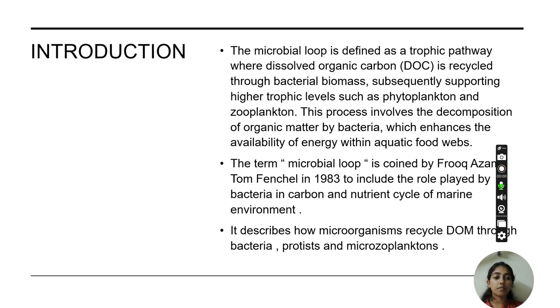This process involves the decomposition of organic matter by bacteria, which enhances the availability of energy within the aquatic food webs. And the term microbial loop was coined by Farooq Azam and Tom Fenchel in 1983 to include the role played by the bacteria in carbon and nitrogen cycle of marine environment.